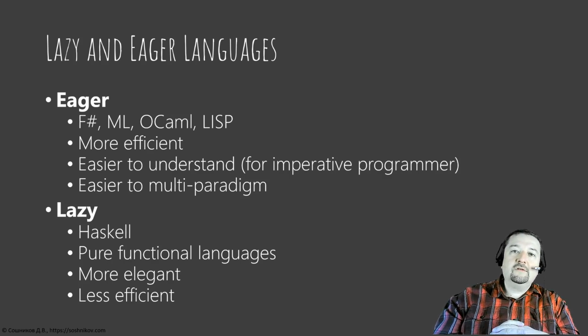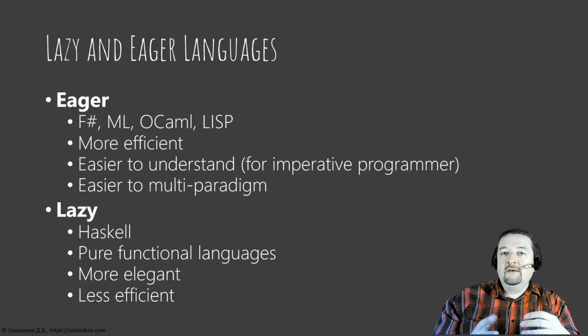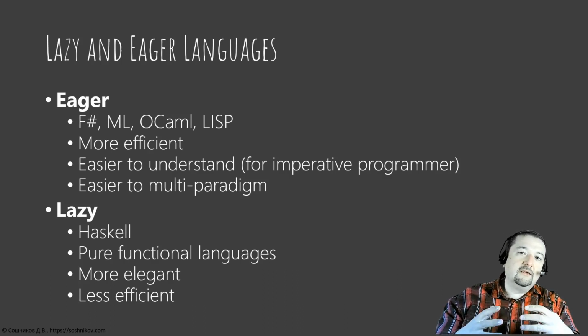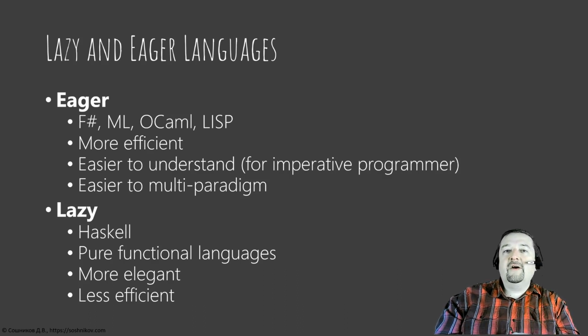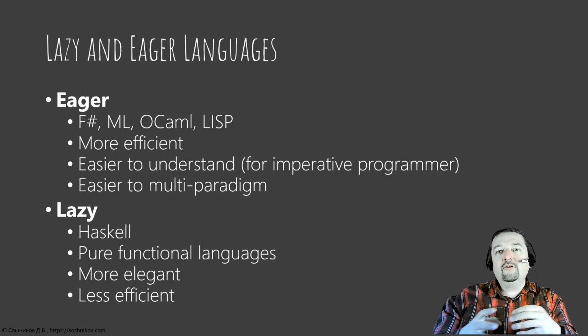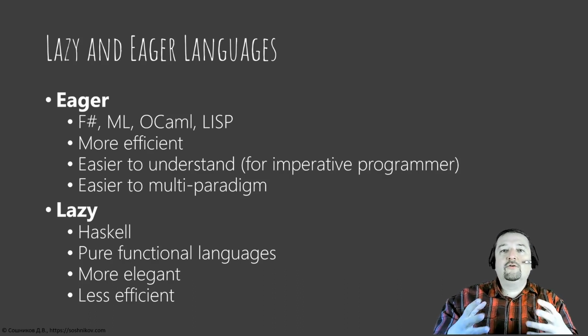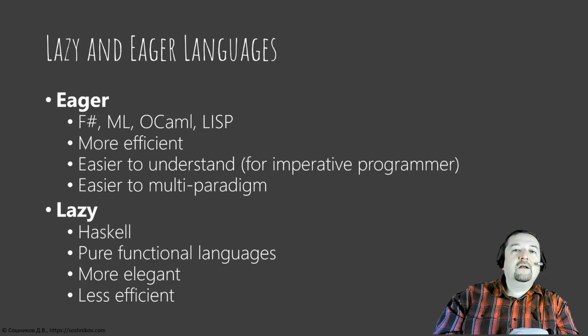So the most well-known example of lazy functional languages is Haskell, and it is in a sense much more elegant. You've seen that the normal reduction is the order which always gives the result. You can, for example, define the if operator as a function, because you would just pass arguments, and if you don't need to compute it, it's not computed.